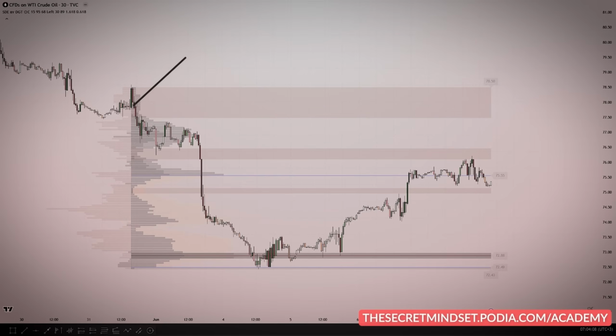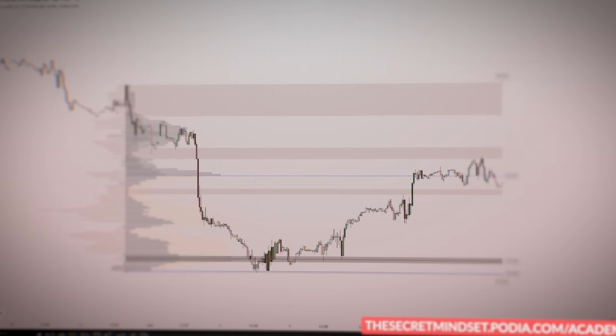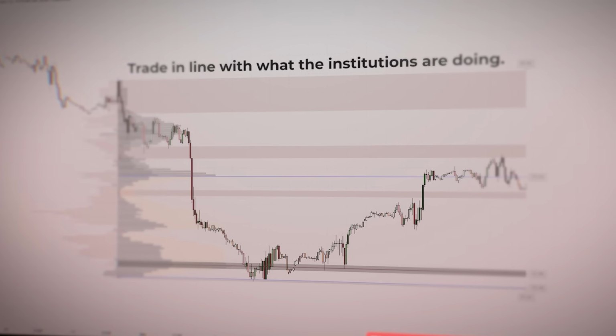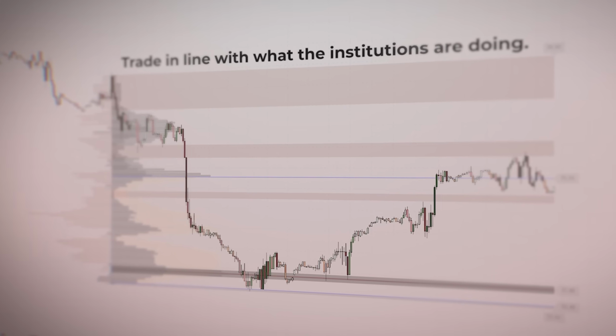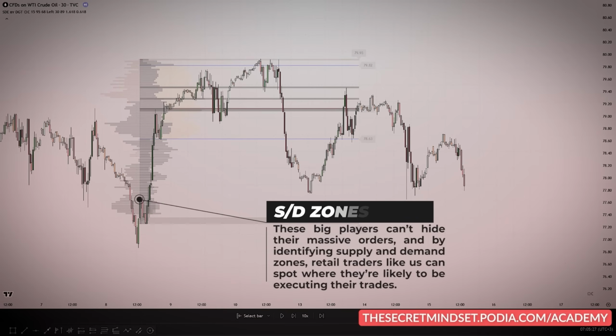In these zones, you often see large unfilled orders from big institutional traders like banks and hedge funds. Supply and demand trading is powerful because it allows you to trade in line with what the institutions are doing. These big players can't hide their massive orders, and by identifying supply and demand zones, retail traders like us can spot where they are likely to be executing their trades.